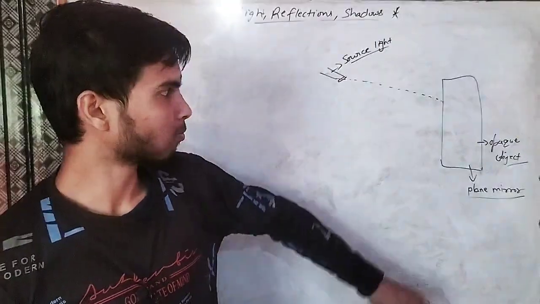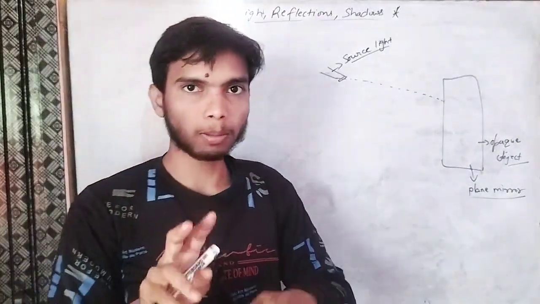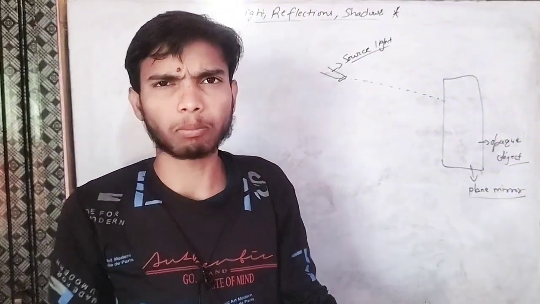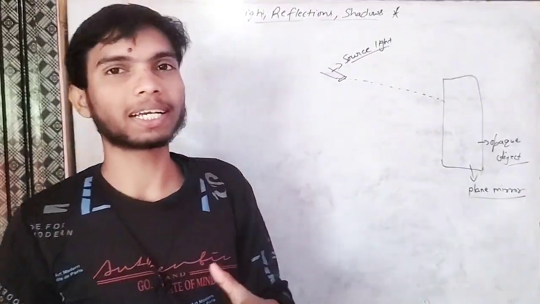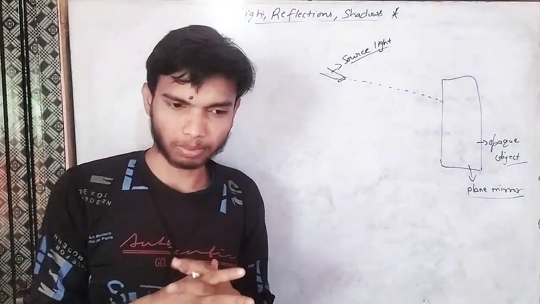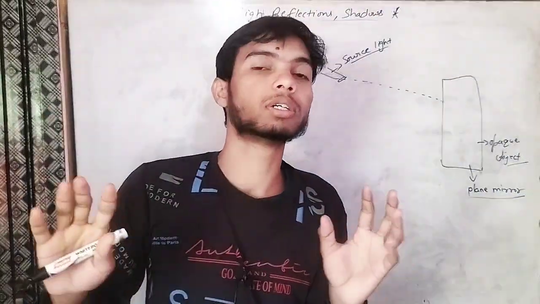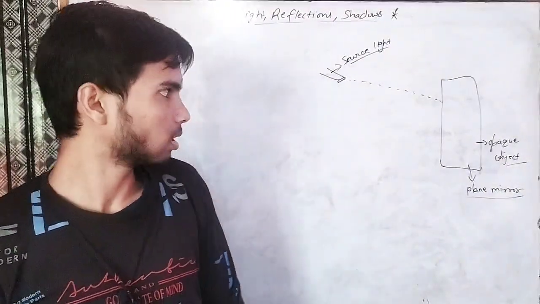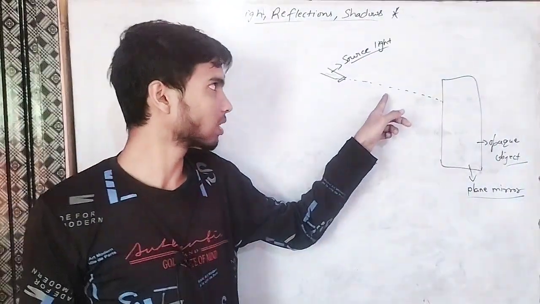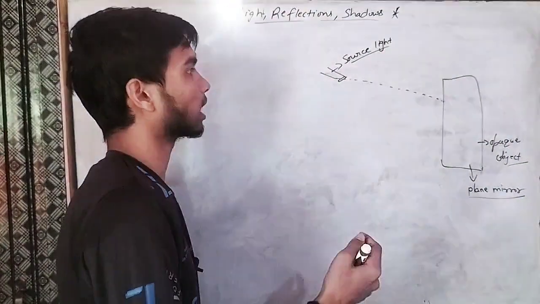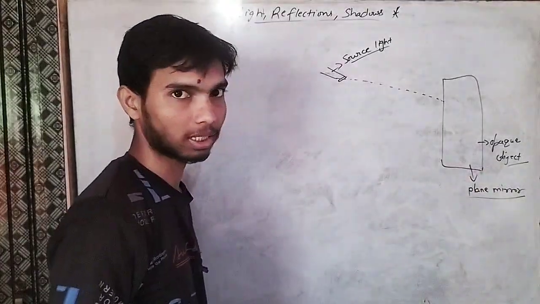How can we define it? Behind a plane mirror, behind any type of mirror, we see a painted area, painted with silver. That's why the light direction turns into another direction, because this is an opaque object.